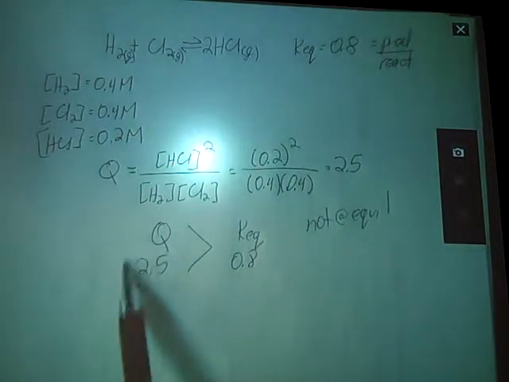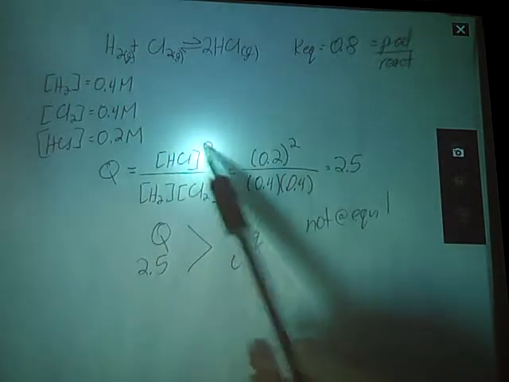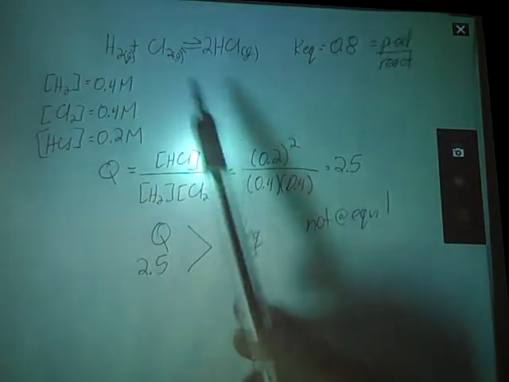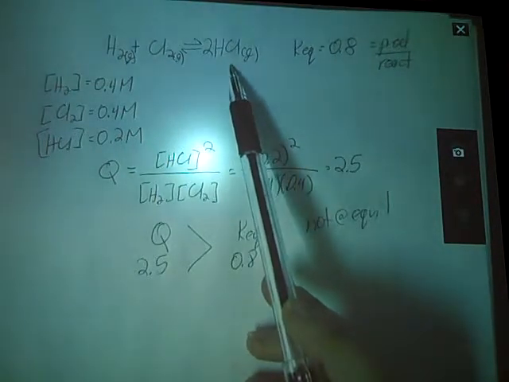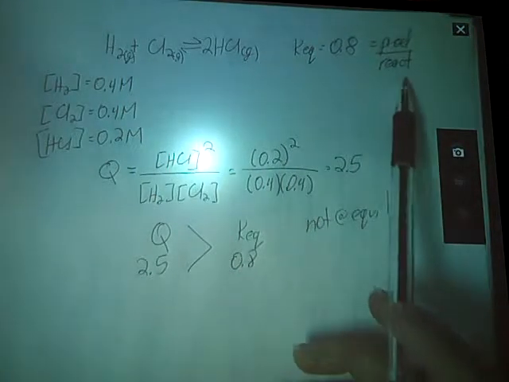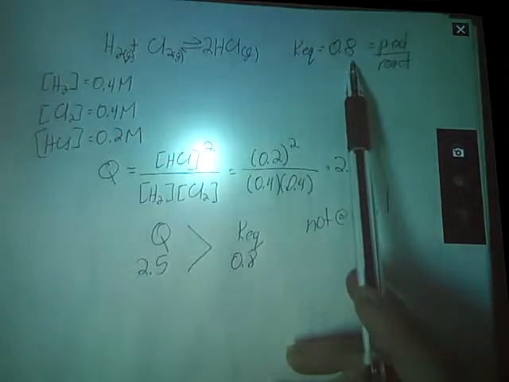Here we have a number greater than 1, which means this product value up here is too big. So we need to shift away from products. We need our reaction to go backwards, to make more reactants, to make this bottom number bigger, so we can move towards this less than 1 KEQ.